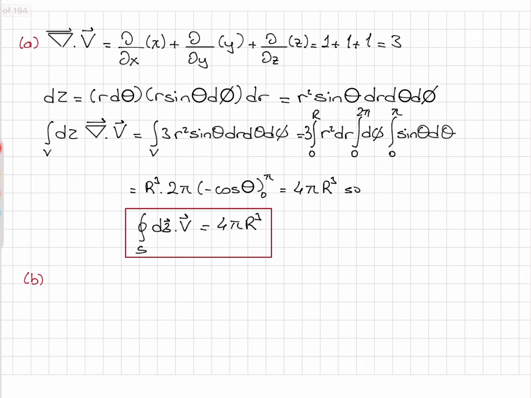So our dτ, the volume element, is r squared sinθ dr dθ dφ, which is the product of the scale factors h_r, h_θ, h_φ, multiplied by the differential changes in the curvilinear coordinates. The volume integral ∫ dτ divergence of V, since divergence is 3, gives us the integral from 0 to capital R of r squared dr, the integral from 0 to 2π dφ, and the integral from 0 to π sinθ dθ.